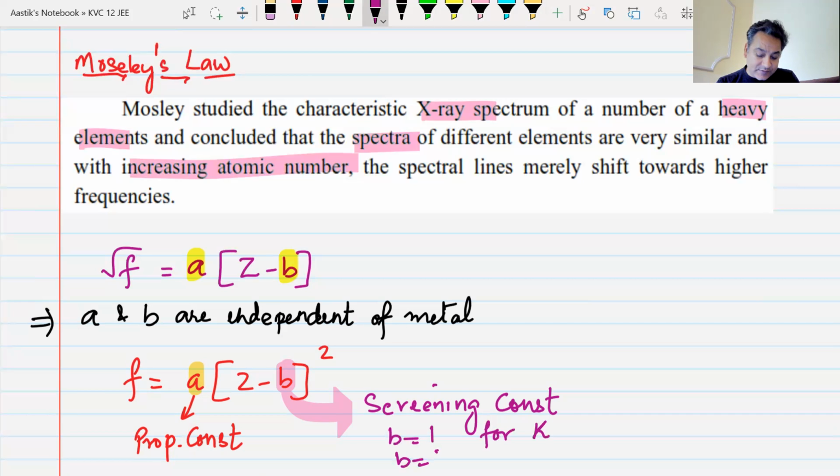The value of B is 7.4 for the L series, sorry, L series, not M. K comes first, then L. And the value of B is 19.2 for the M series. Done, sir.